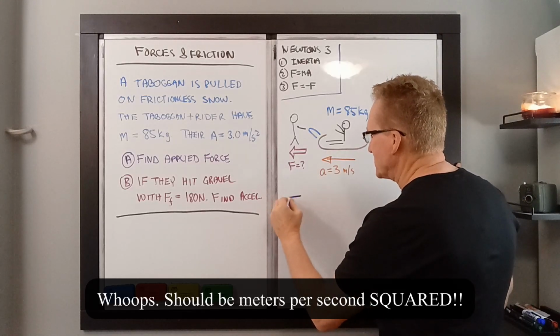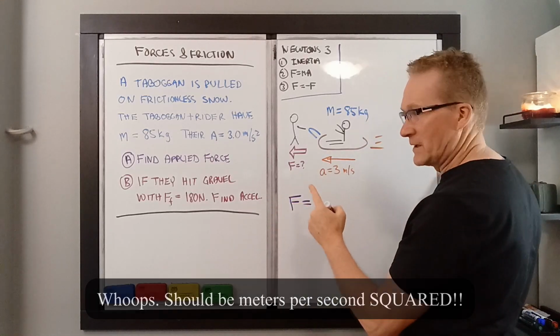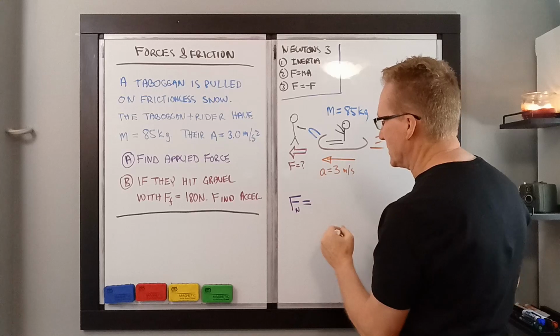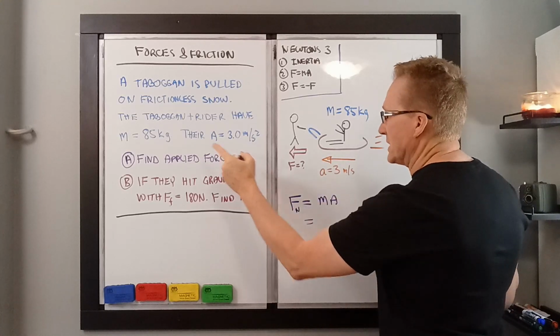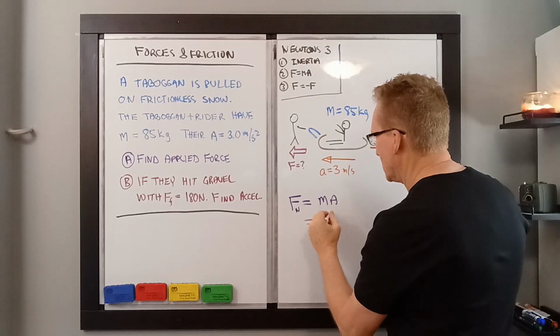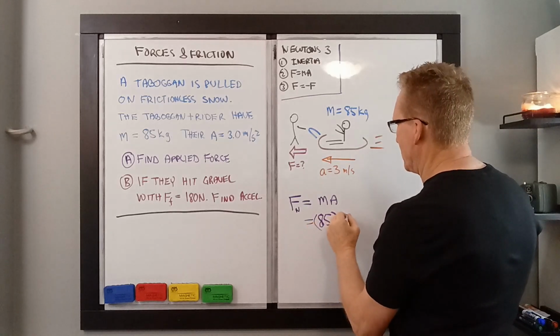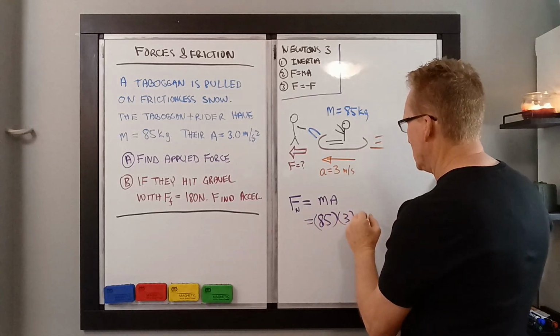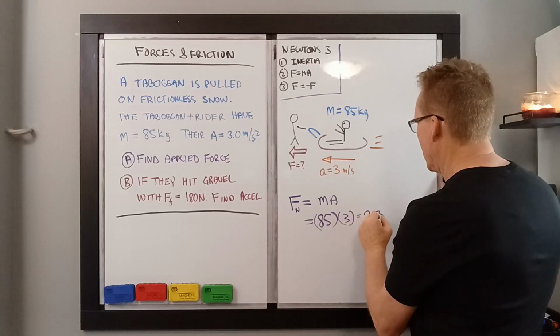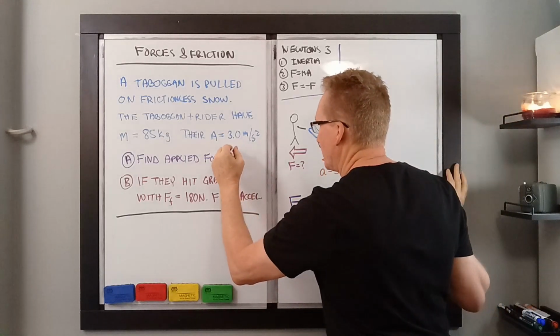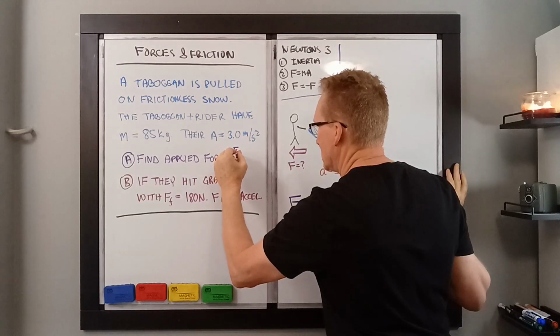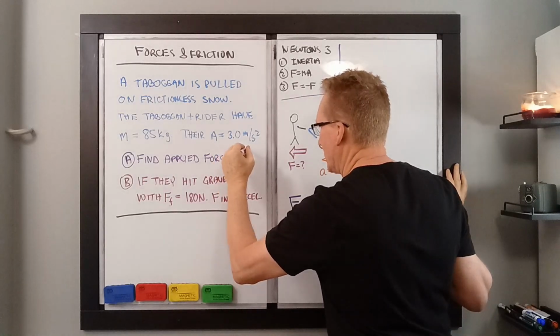So the force being applied, specifically the net force, I put a little n there, is going to be equal to the mass times the acceleration, which in this case is 85 times 3. And that's equal to 255 newtons. So let me write that answer right over here. The force net is 255 newtons.